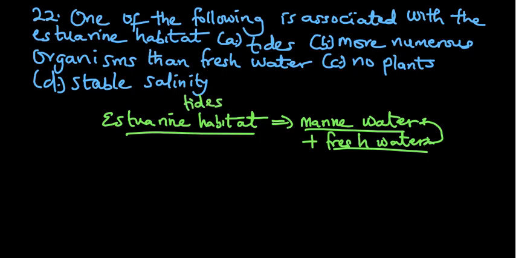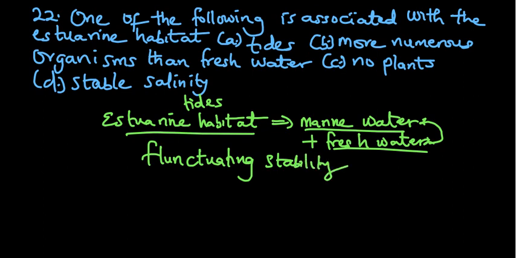So but the salinity will not be stable. It is going to have fluctuating salinity. So the salinity will not be stable, because the marine water is mixing with the fresh water. So the fresh water may be more than the marine water at times, and when fresh water is more than the marine water, the salinity will reduce.